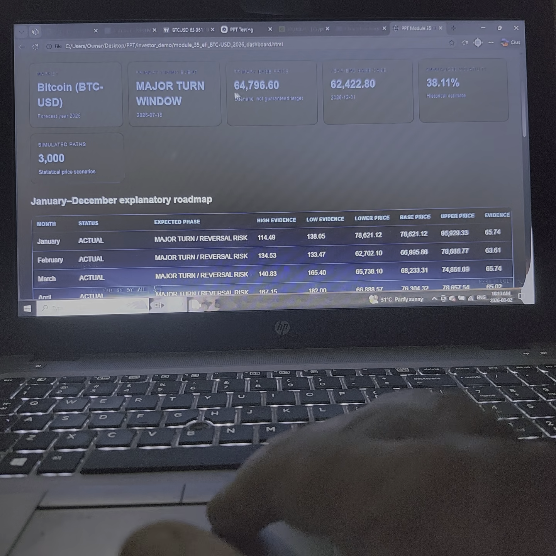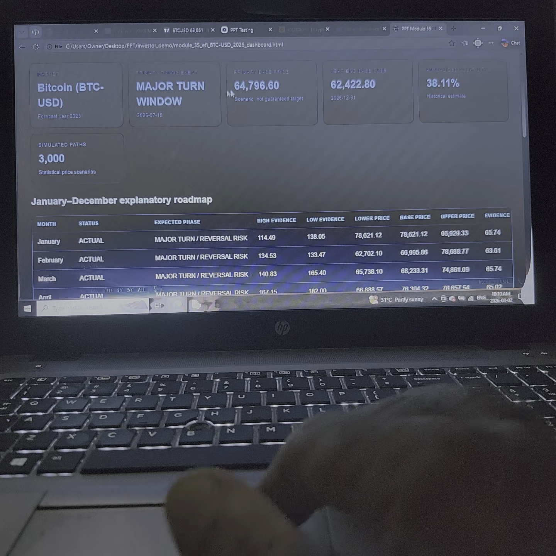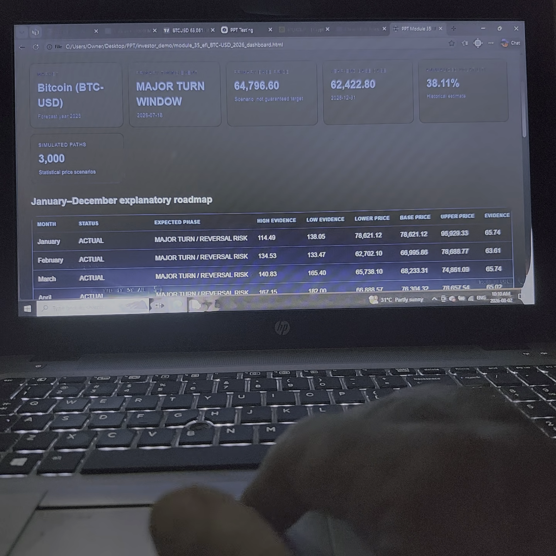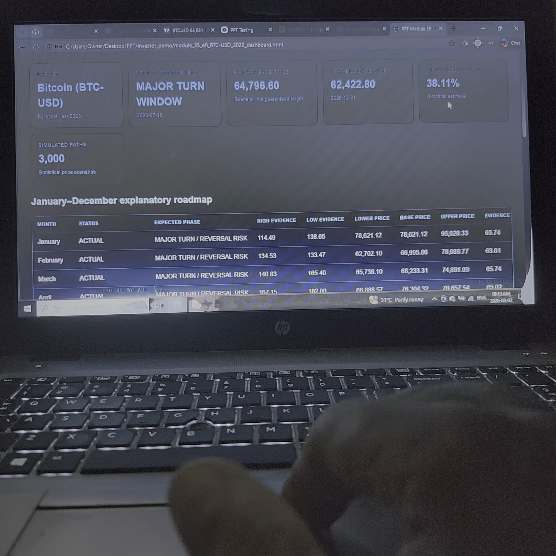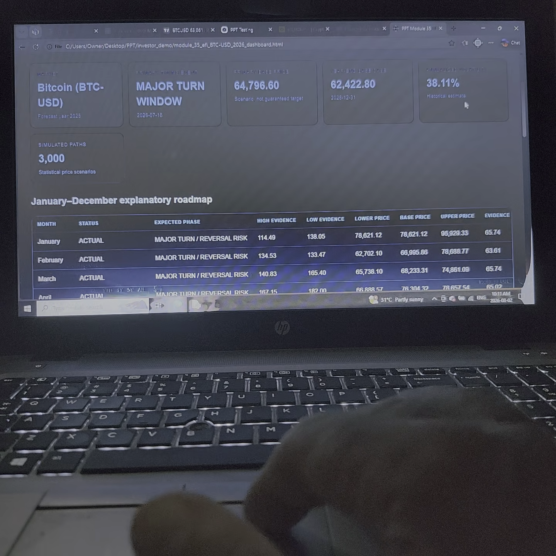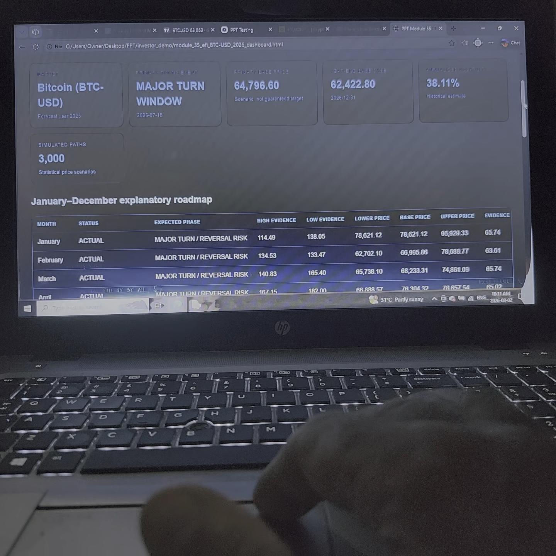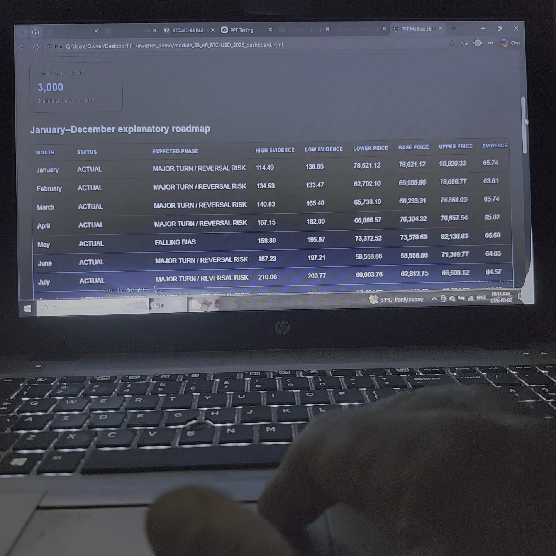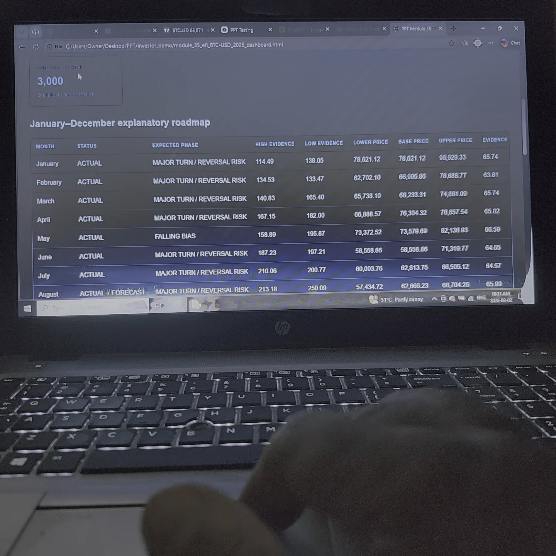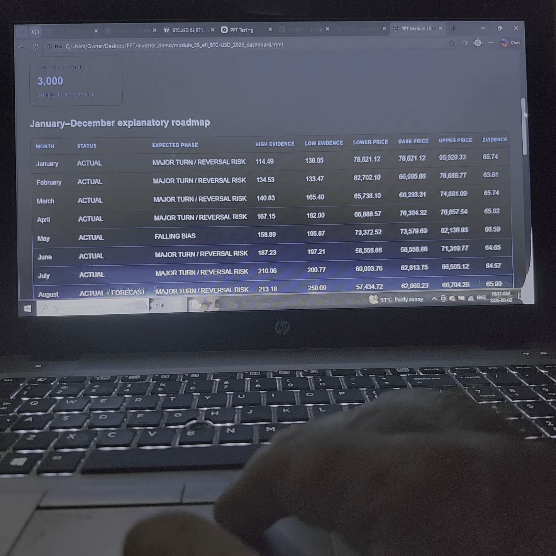And it's telling us that the base case for right now is about 64. Year end could see 62, and this is our historical estimate. It's based upon the 38% annualized volatility. We have 30,000 simulated paths of statistical price scenarios that we run through.